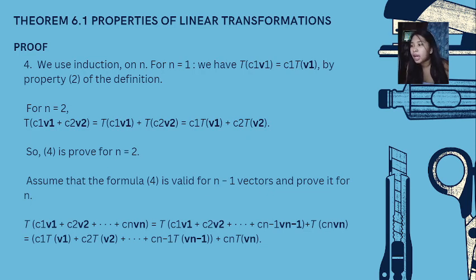So we have now T c1b1 plus c2b2 plus so on and so forth plus cnbn, and that will be equal to T c1b1 plus c2b2 plus so on plus cn minus 1 bn minus 1 plus T cnbn, which is equal to c1 Tb1 plus c2 Tb2 plus so on, and then plus cn minus 1 T times bn minus 1 plus cn Tbn. So thus this property is true.